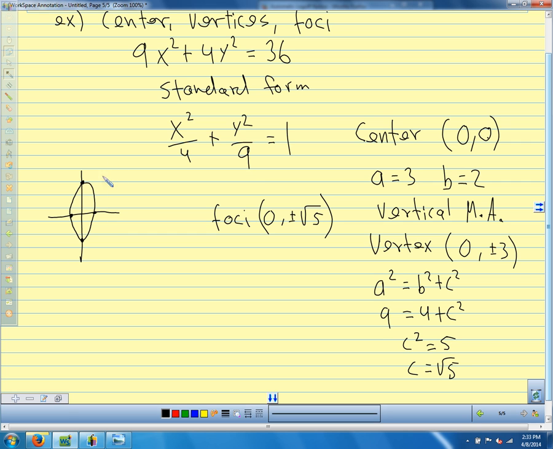Not a great sketch, but I said it was rough. So something like that. All right, questions on that example? All right, let's look at another one.